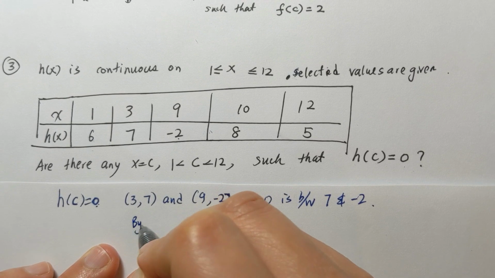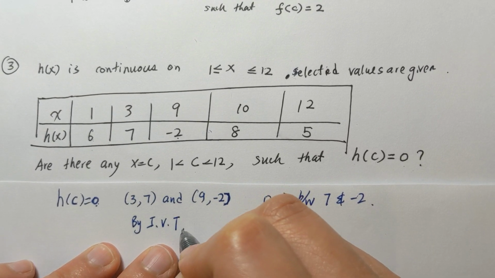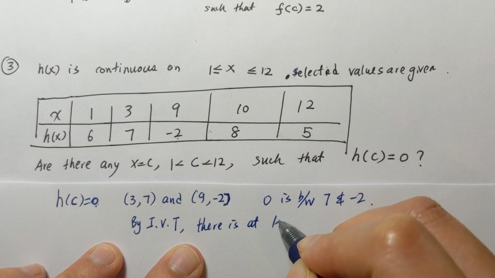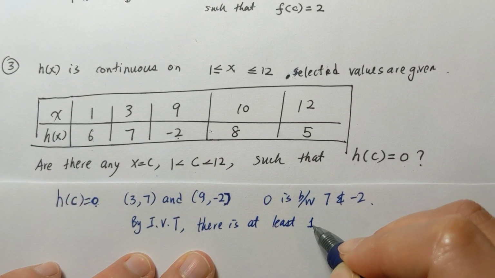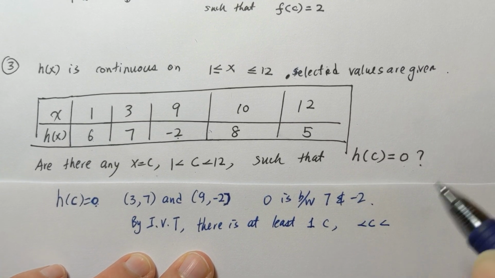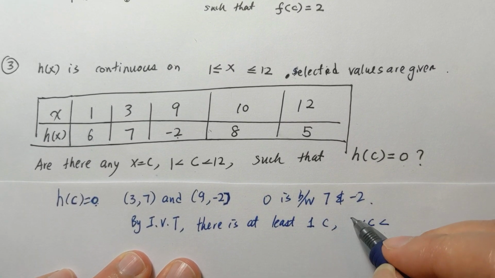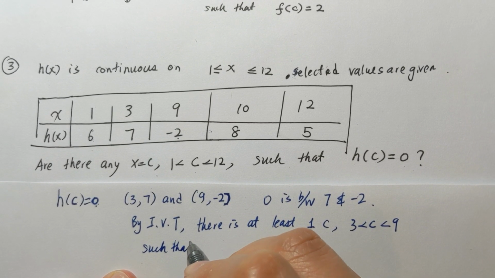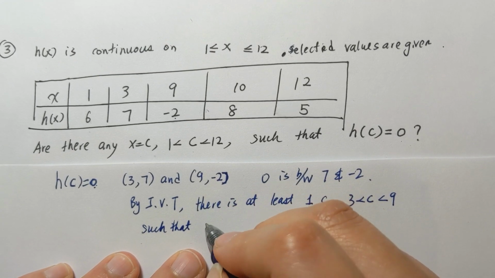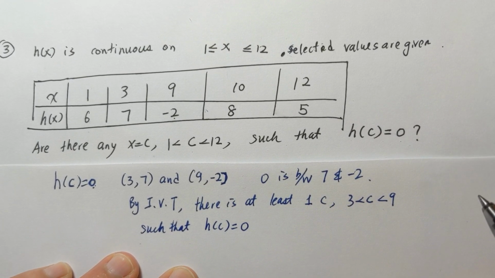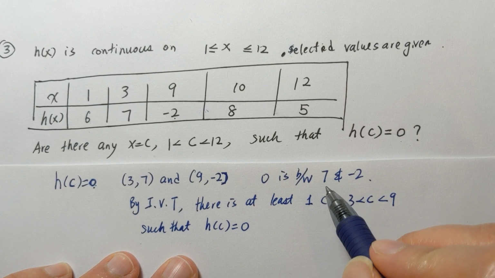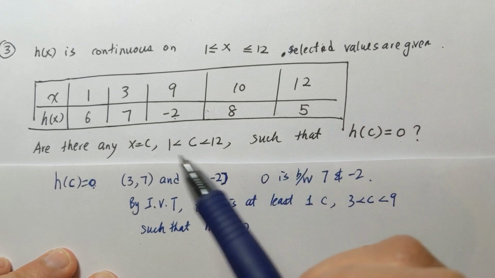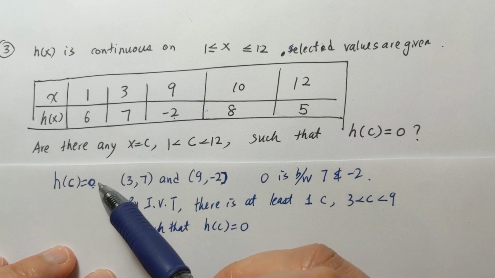So by the intermediate value theorem, there is at least one c, and c is between 3 and 9, such that h of c equals 0, because for this function to go from 7 to -2, it had to pass 0. So now let's continue, see if we can find out the c.